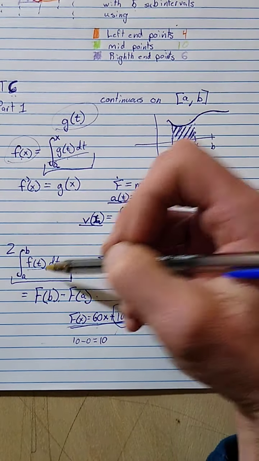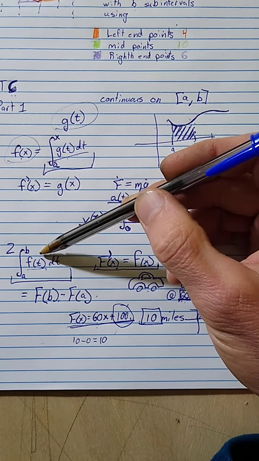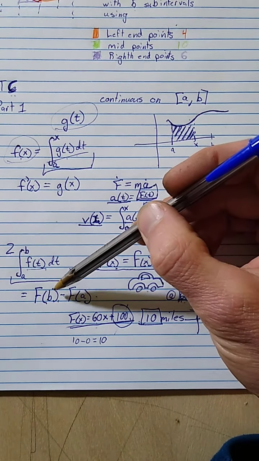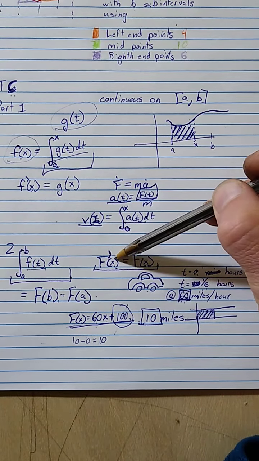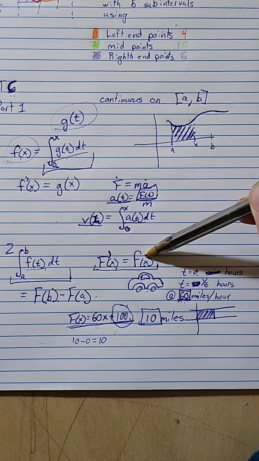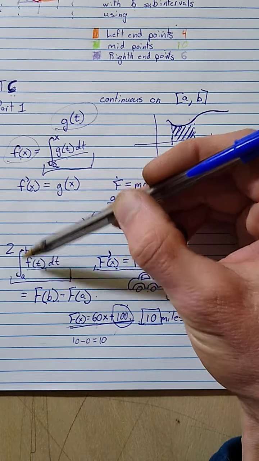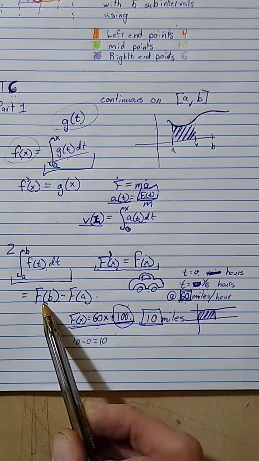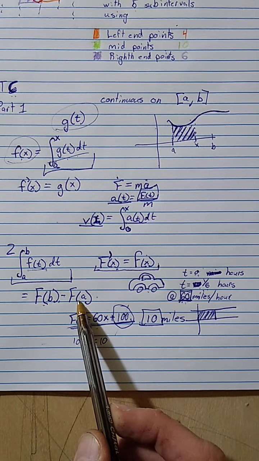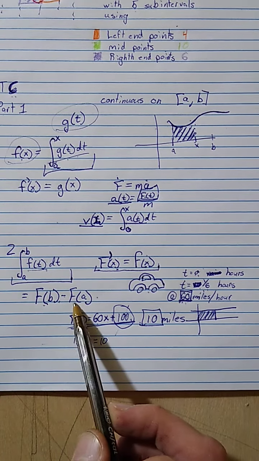Okay, the second part says if I have some function such that its derivative is the function inside, then I can figure out the area by plugging in the endpoints into the antiderivative function.